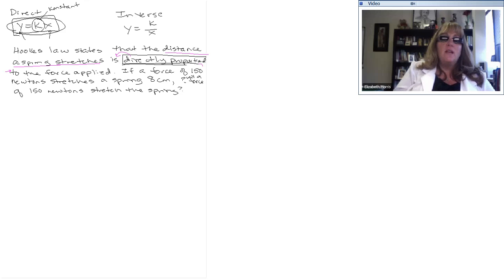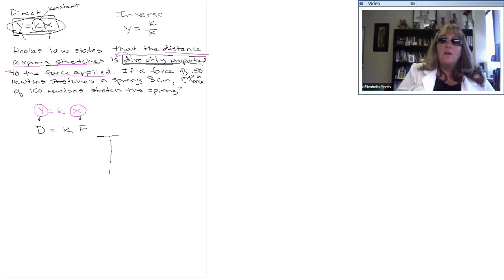Now, if I'm looking at y equals kx, whatever comes before the word directly proportional goes here, and whatever comes after the word proportional goes here, okay? So look back up. What came after? Force applied, okay? So I am going to change my y to the distance a spring stretches, and I'm going to change my x to the force applied. I'm just changing my variables so that they match up to what I'm looking for, okay?